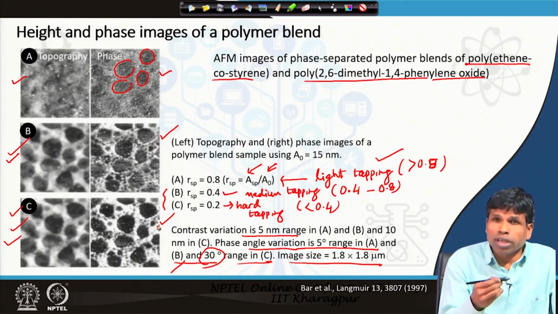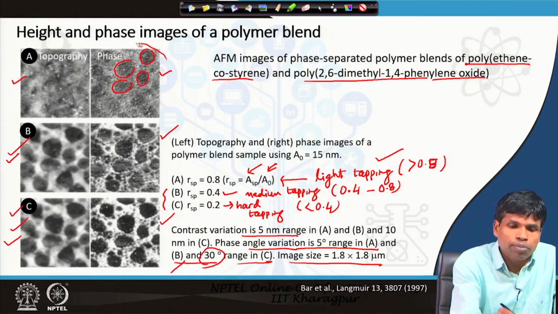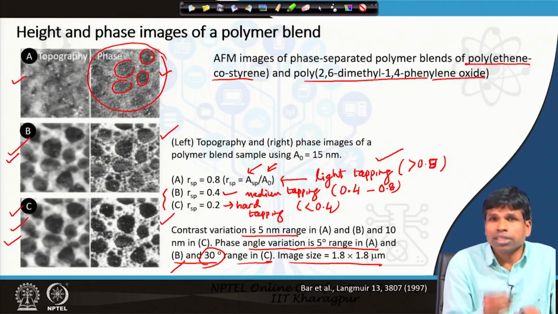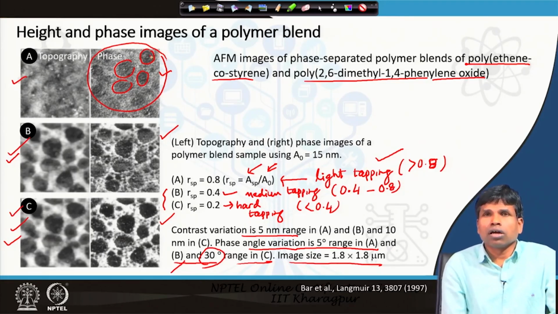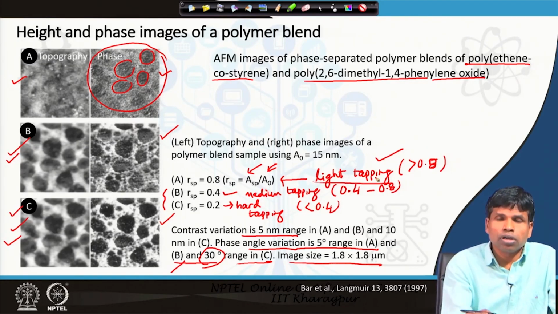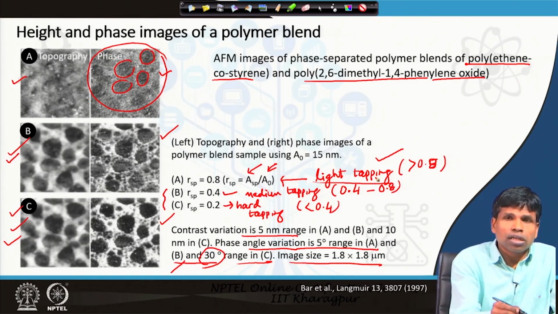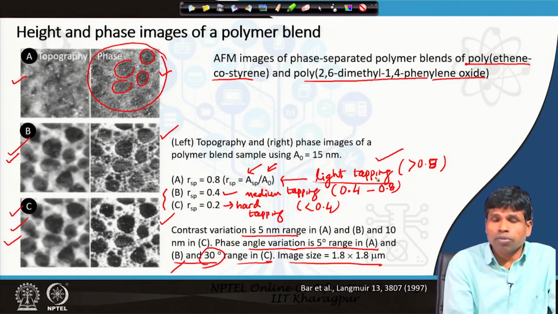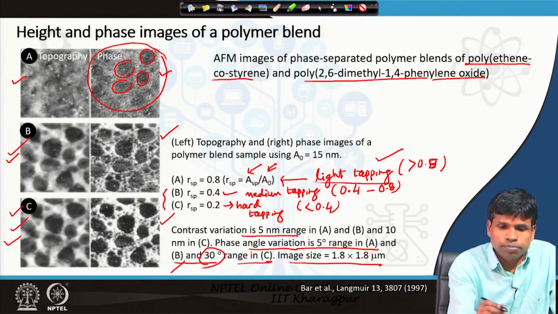Therefore, without damaging the sample surface, with light tapping we could get the phase separation in the phase image. That is the importance of phase image in determining the inhomogeneity in the sample quite distinctly.